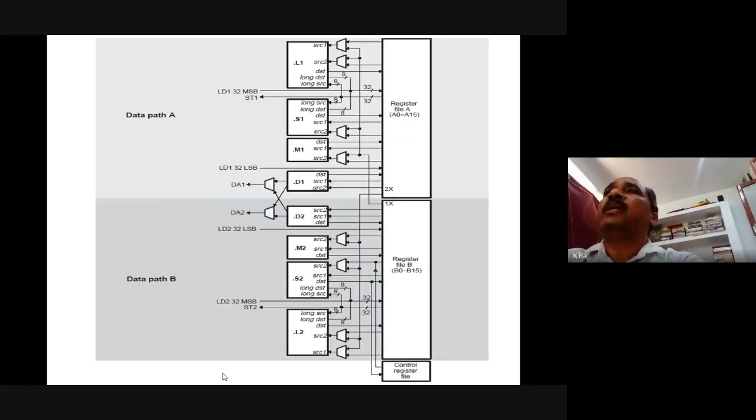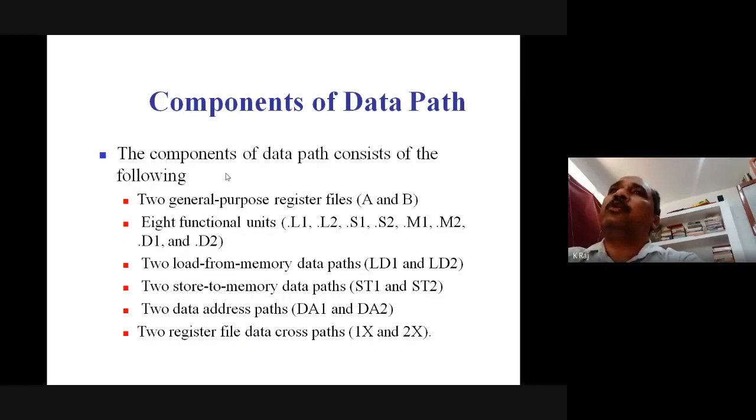Now see the architecture of the data path having register file A and register file B. Now come to the second one, that is the 8 functional units, that is the .L1, .S1, .M1, .D1 and .D2, .M2, .S2 and .L2 here. And this is for the data path A and data path B. And come to the previous slide here, that is, there are the two load-from-memory data paths, that is the LD1 and the LD2.